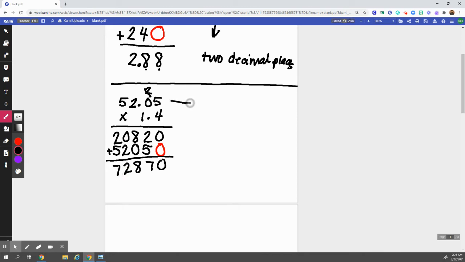Now remember, we're counting our decimal places, so we have 2 decimal places. And in this one we have 1. So 2 plus 1 is 3. We should have 3 decimal places at the bottom.